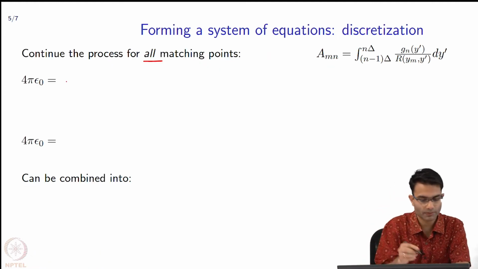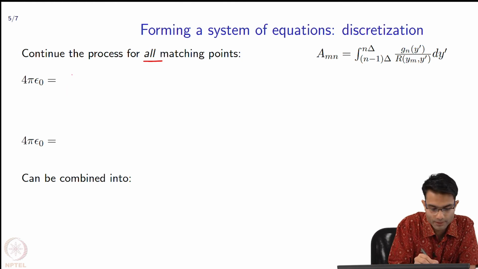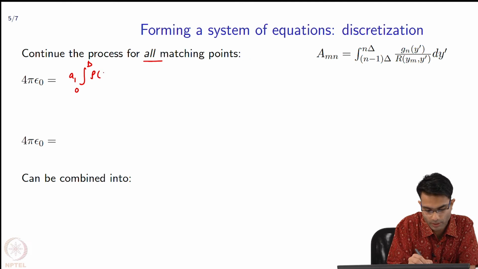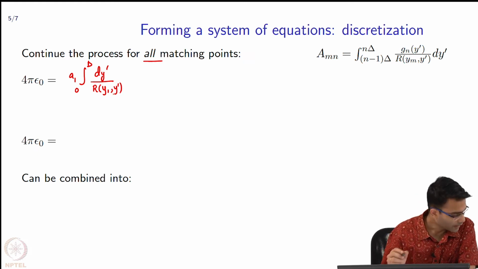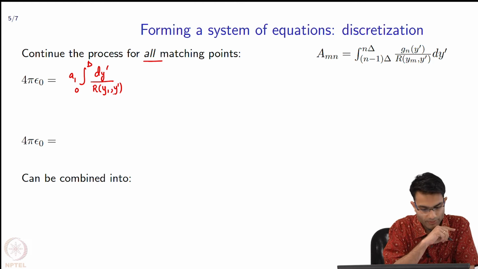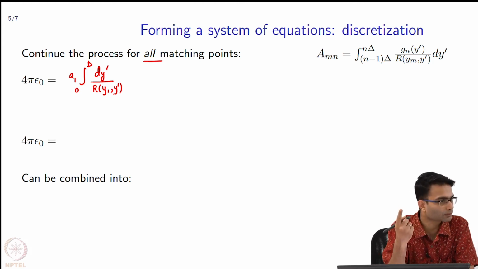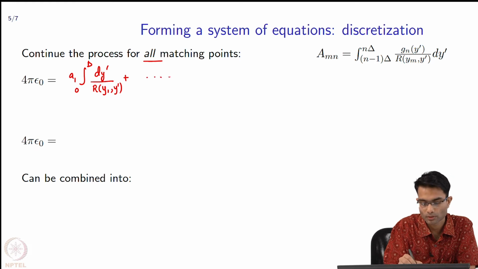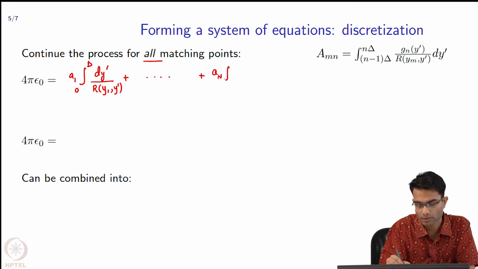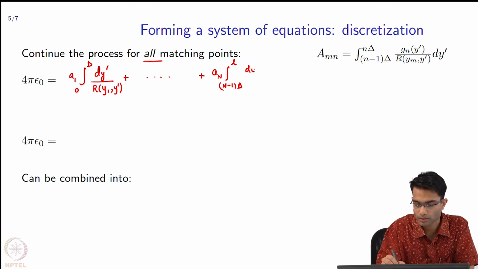So, the first equation as before, I will get a1 integral from 0 to delta, and there will not be this anymore because I replaced it by g, and this will be y1 y prime. I have substituted the value of g to be 1 in that segment. Finally, I will have a n, from n minus 1 delta all the way to L, dy prime.